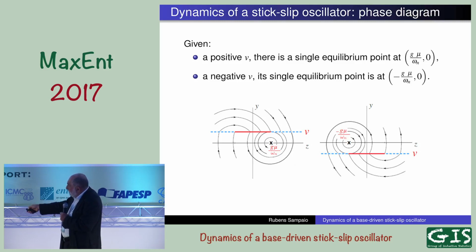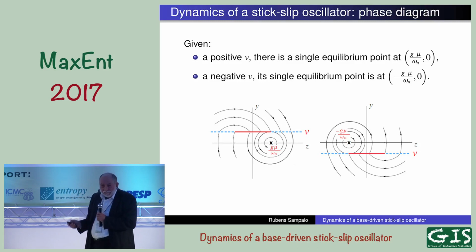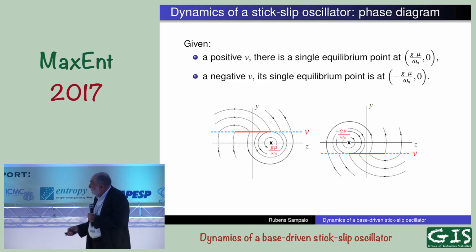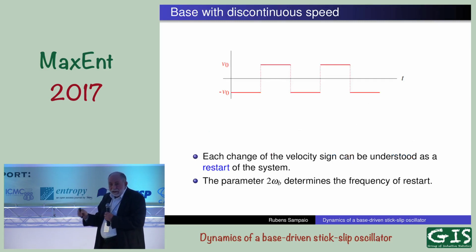You come to this point, and then the thing sticks, and finally you get a periodic solution. So either you do not have a stick, or if you have one, you have only one. So if the velocity is fixed, there is only one stick. And I know in my process that's not true, so I don't want this.